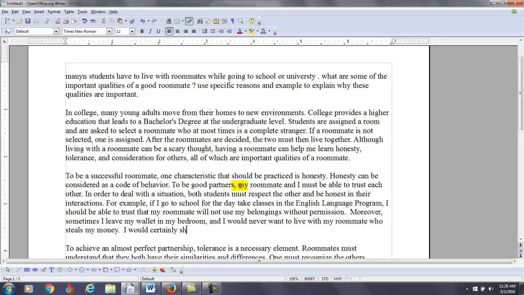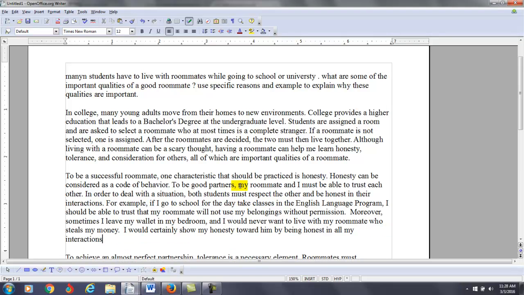You might say, I certainly show my respect toward him, being honest in all my interactions.